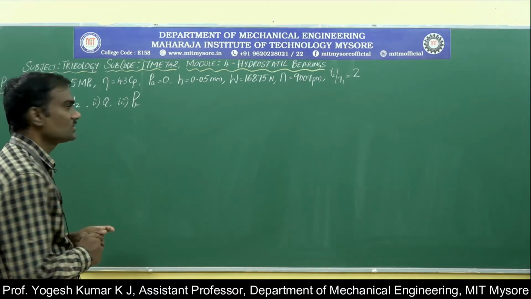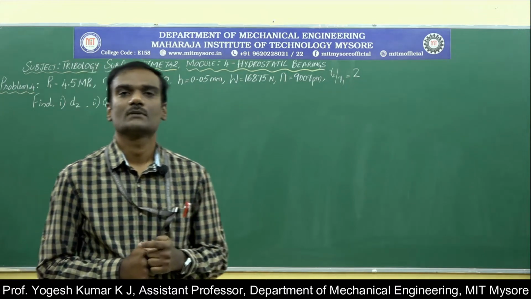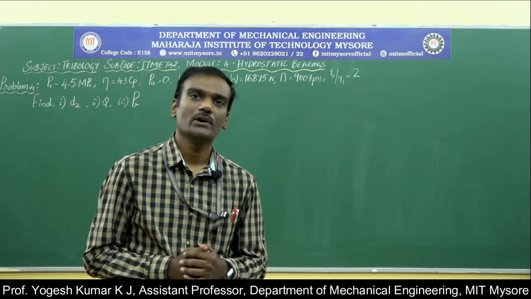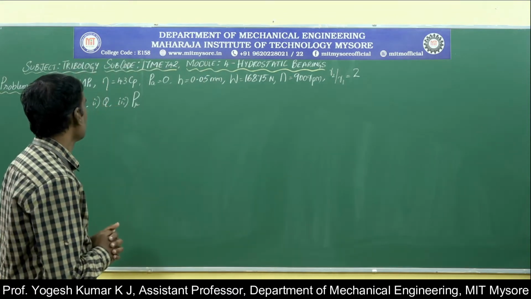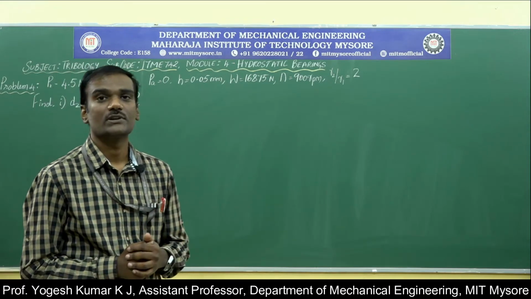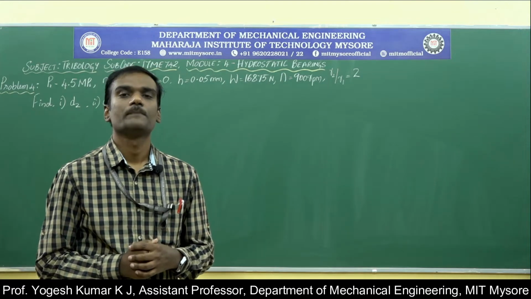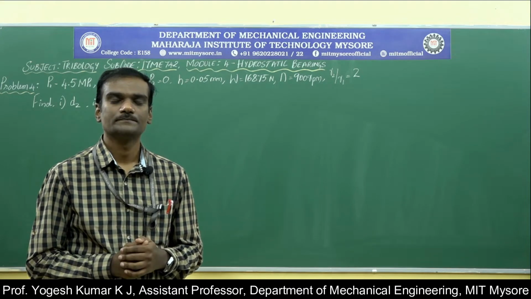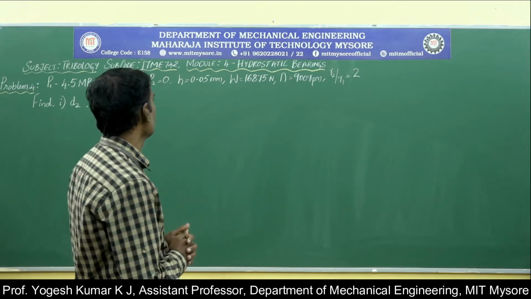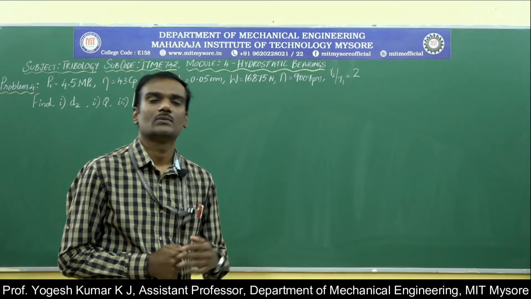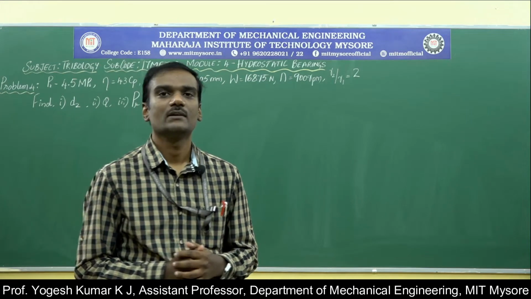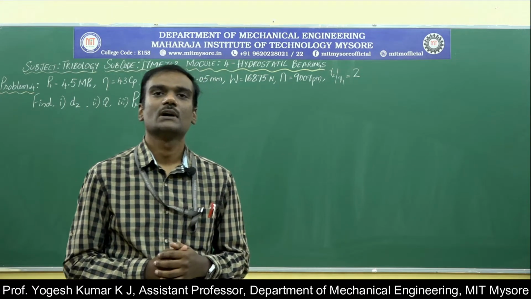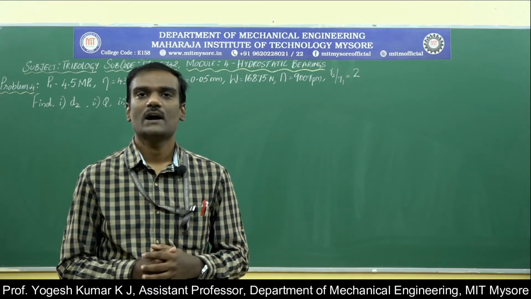Inlet oil pressure is 4.5 megapascal, the viscosity of the lubricant under operating condition is 43 centipoise, external pressure is 0, oil film thickness is 0.05 mm, shaft speed 900 rpm, the vertical load acting on the bearing is 16875 Newton. Assume the ratio of R2 by R1 equals 2.